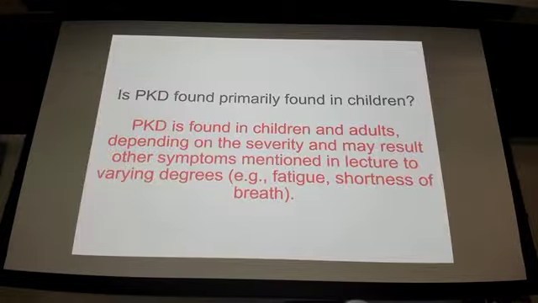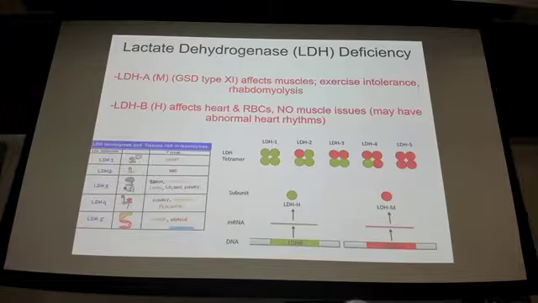Another very interesting comment I received from you guys yesterday was about lactate dehydrogenase deficiency. There are two types. One type is associated with muscle function, and that's the one where a person will have muscle intolerance and muscle wasting and breakdown.